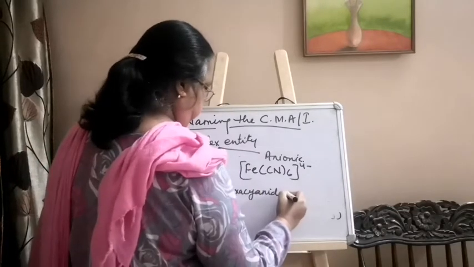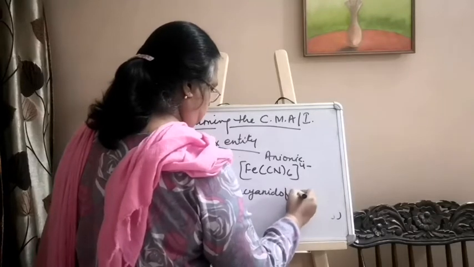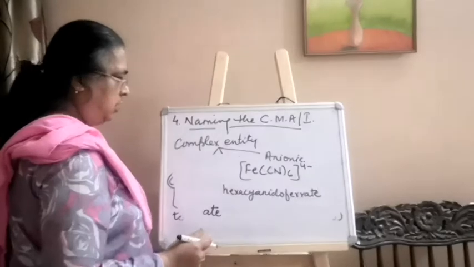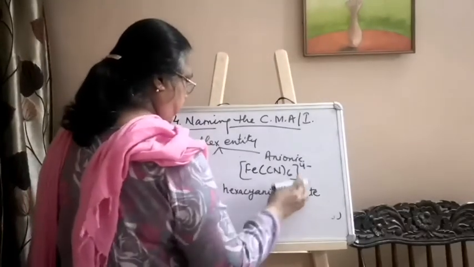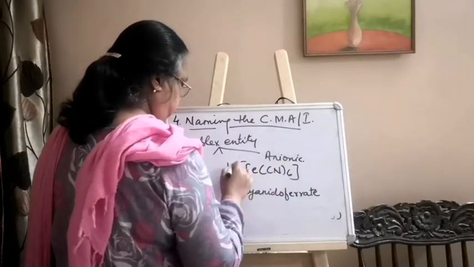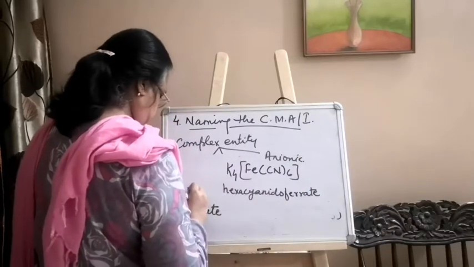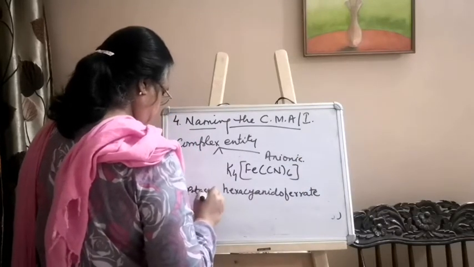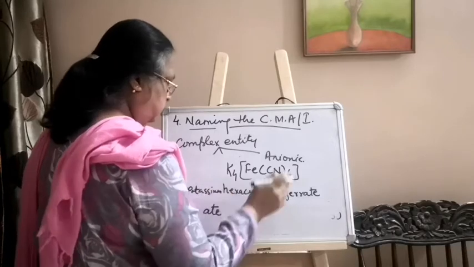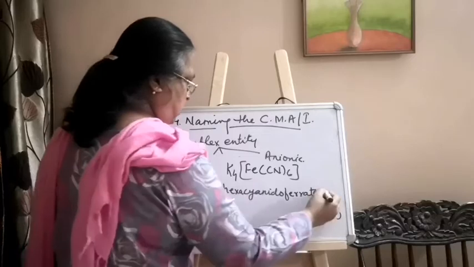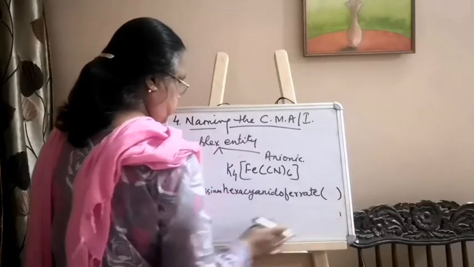So it will be ferrate. And since here we have K4, no charge, there will be potassium in the beginning, no doubt. And this is ferrate. And then its oxidation state.